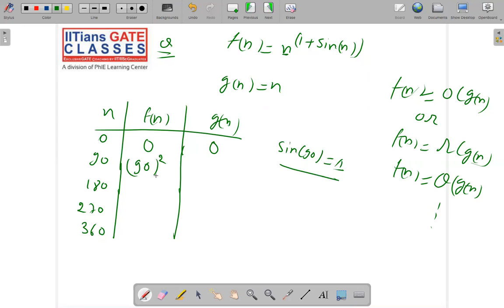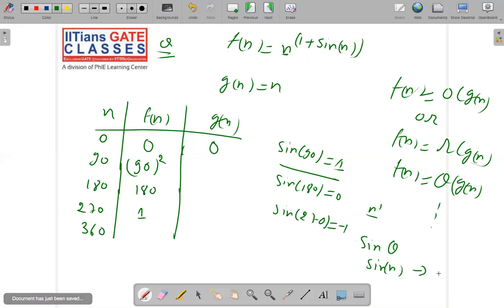For 180, it will be 180, because sine 180 is 0, so it will be n raised to power 1. For 270, it will be 1. Why? Because sine 270 is minus 1. If you remember, the value of sine theta or sine n will always vary between minus 1 and 1.